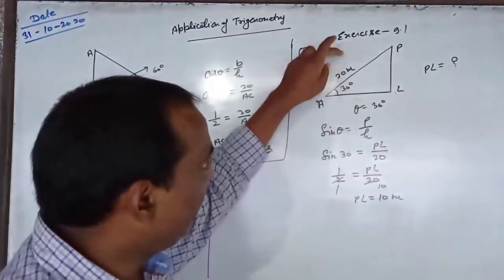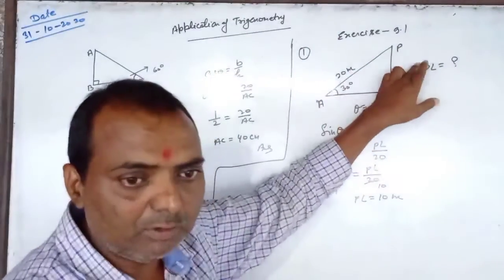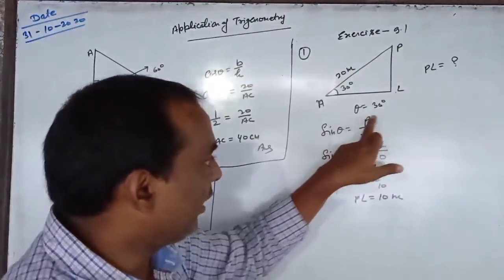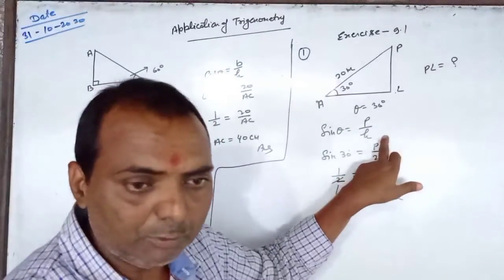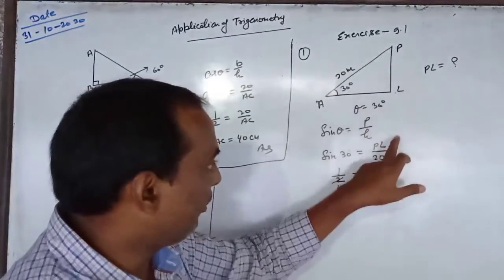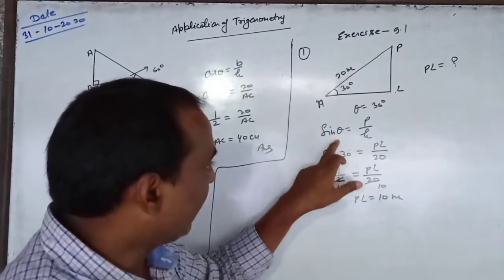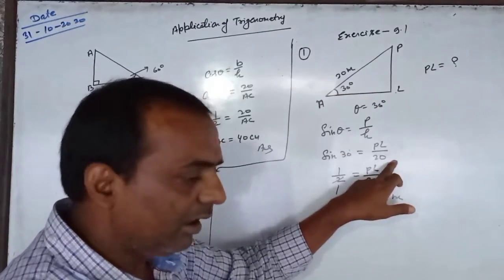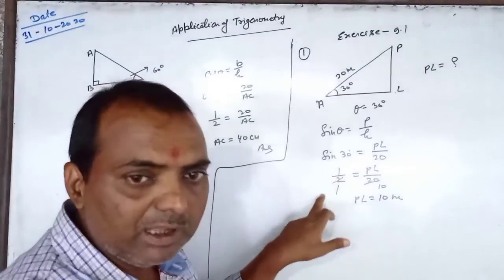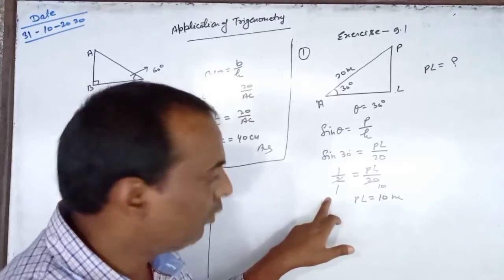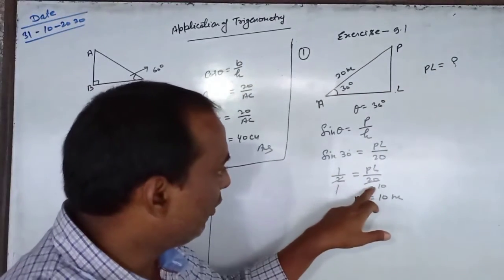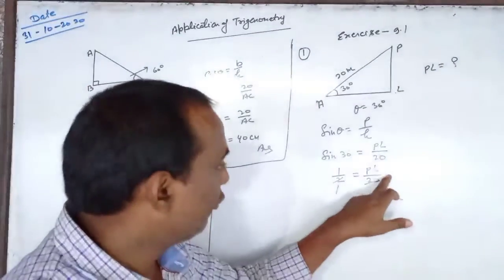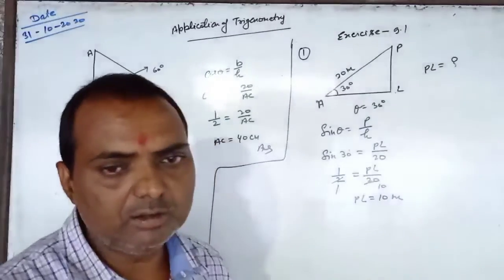So the relation between hypotenuse and perpendicular: sin theta equals perpendicular by hypotenuse. Here the perpendicular is PL and sin 30, the hypotenuse is given 20, sin 30 equals 1 by 2, so 2 into 20 cancelled by 10, so PL equals 10 meter.